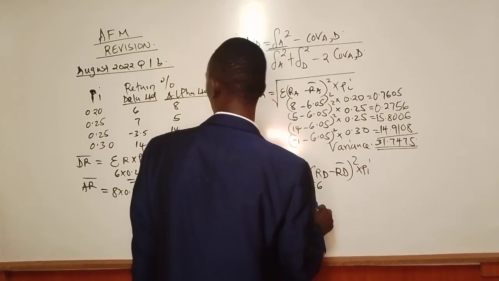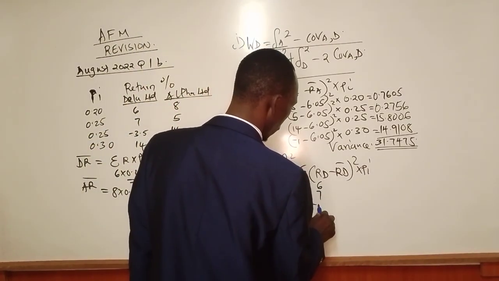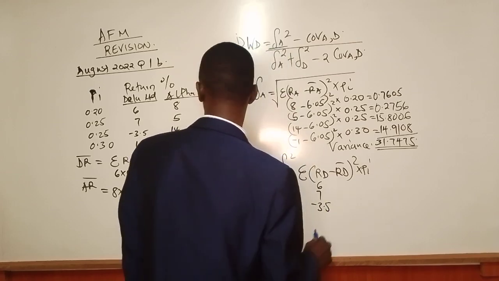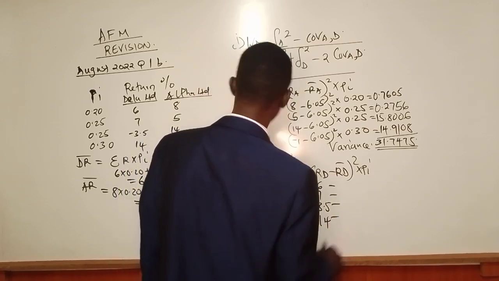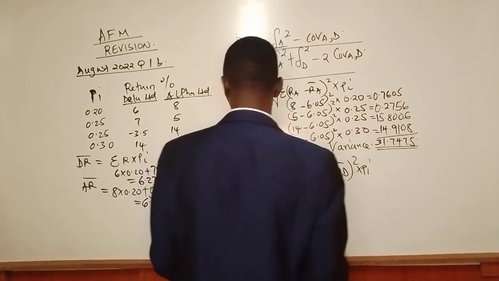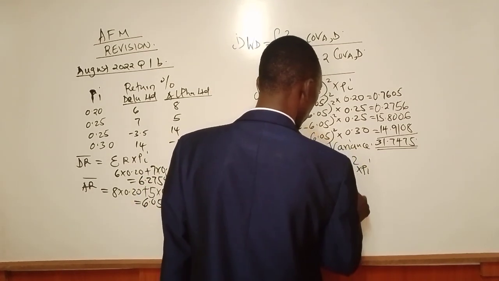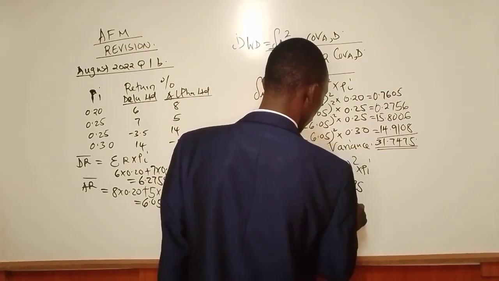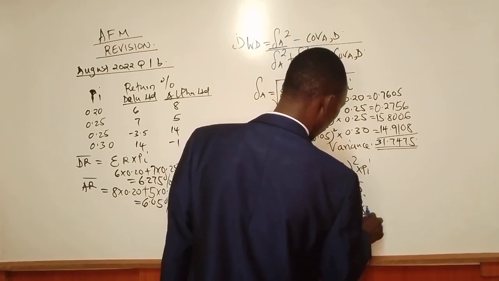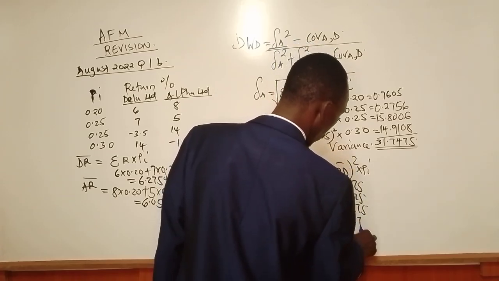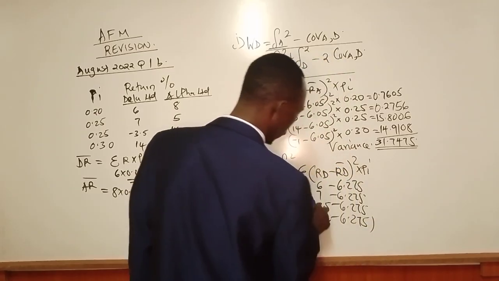We have 6, 7, minus 3.5, then 14. Minus 6.275, 6.275, and 6.275.